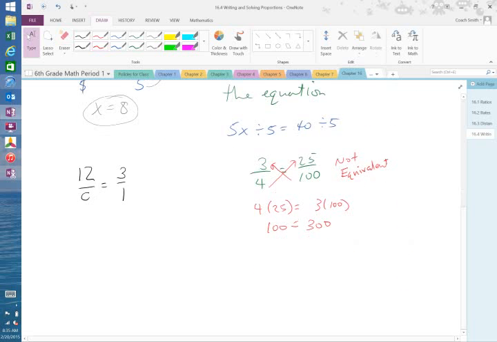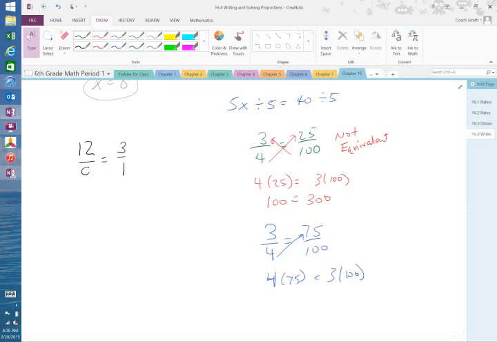What it should have been is this: 3/4 equals 75/100. Now when I multiply, I have 4 times 75 is equal to 3 times 100. 4 times 75 is what? 300. 3 times 100 is 300. So this is equivalent.